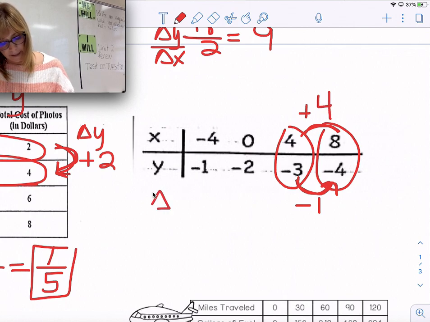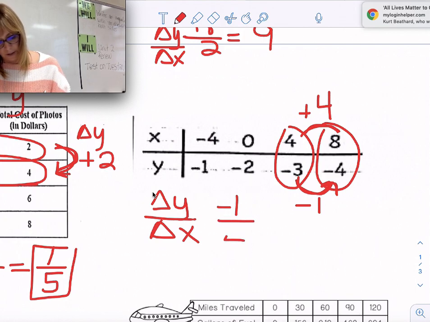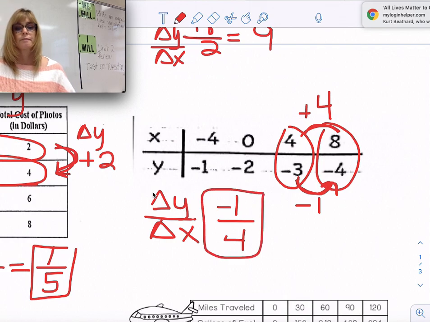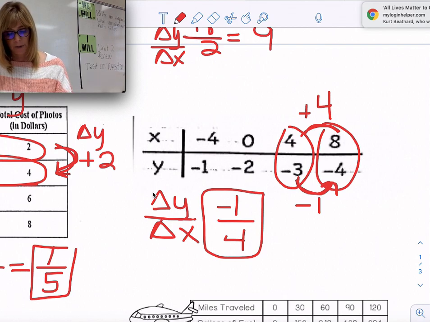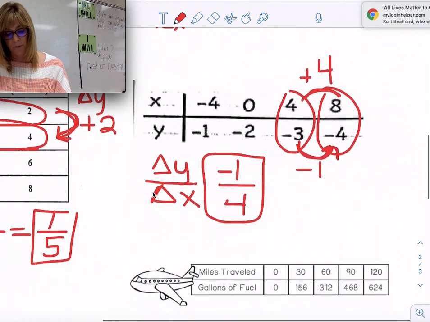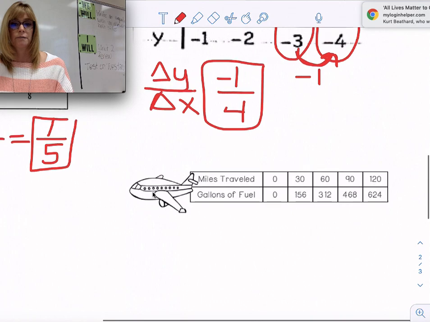So now to plug it into my slope rate of change formula, the change in y was -1 over the change in x, which is 4. That's just -1/4 is your slope. Again, you can pick any 2 points to do your slope formula. I just picked the last 2 to do something different.